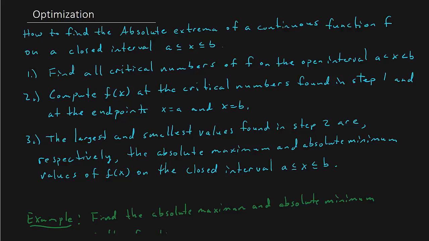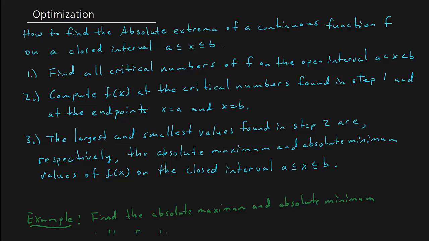This is business calculus optimization. It's actually two sections in this book. This one has some optimization problems. We talk about absolute extrema, and then we talk about elasticity of demand and that kind of stuff.